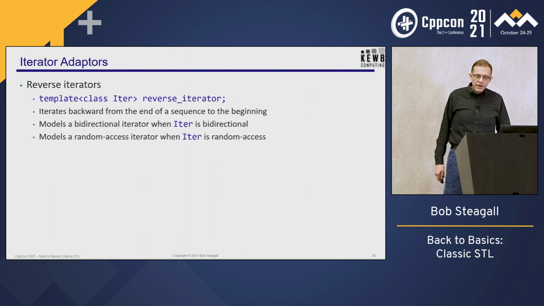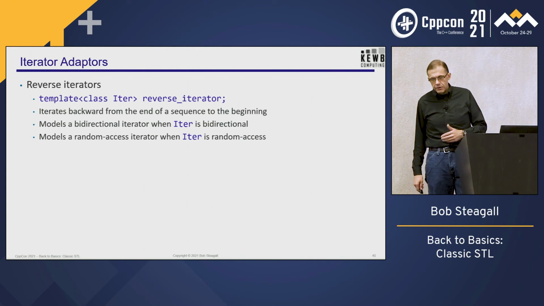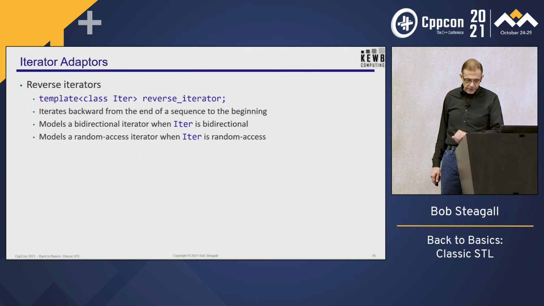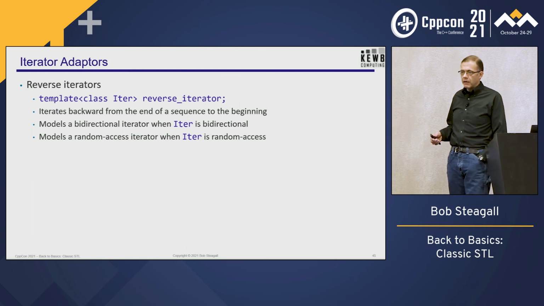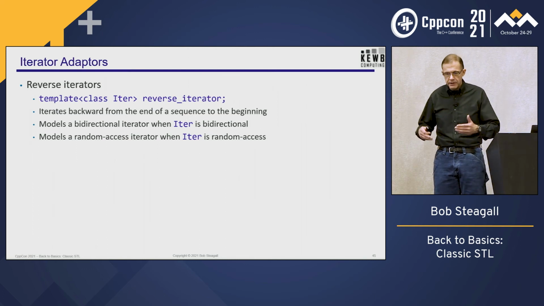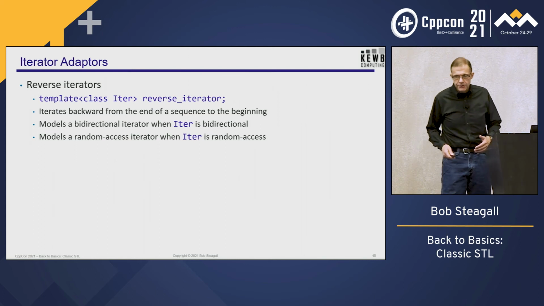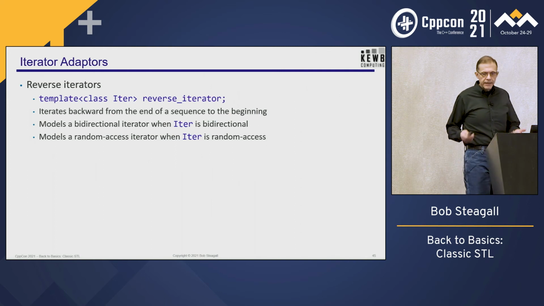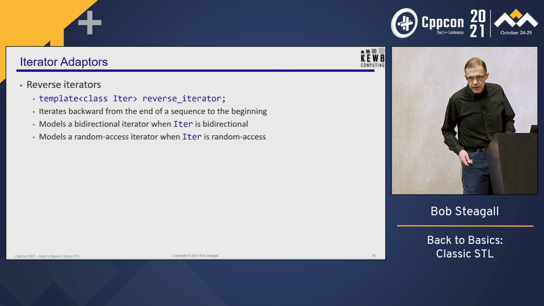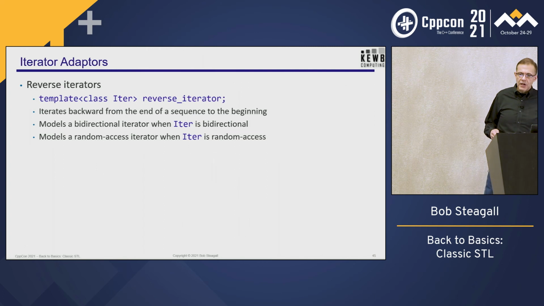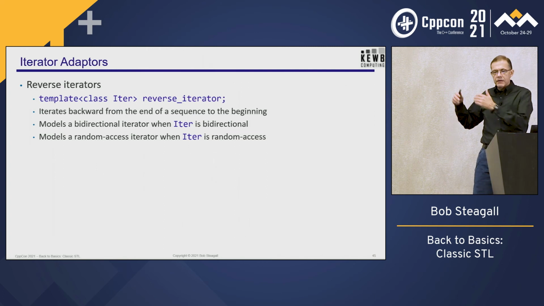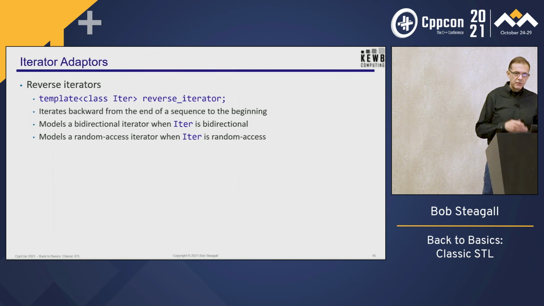We also have the concept of iterator adapters, which provide additional functionality beyond iterators themselves. We have reverse iterators. Reverse iterators are typically implemented with a kind of container that wraps an iterator type, and so it works for bidirectional and random access iterators. It's designed to iterate backward from the end of a sequence to the beginning.